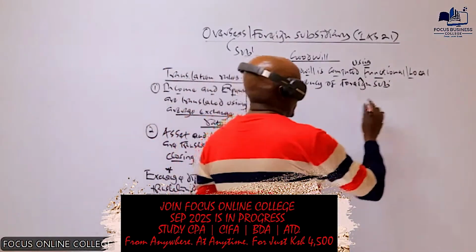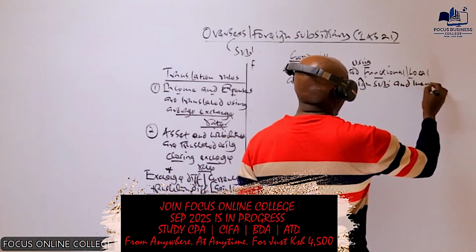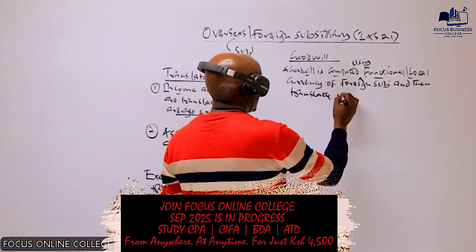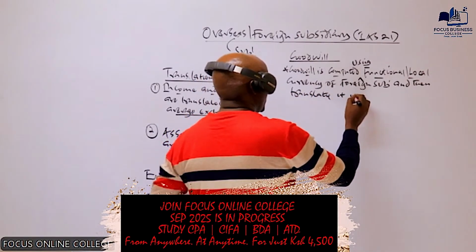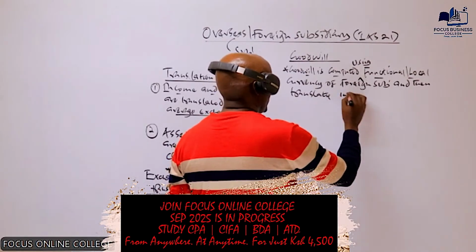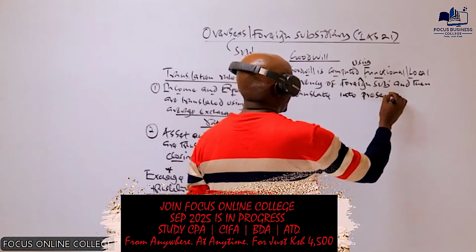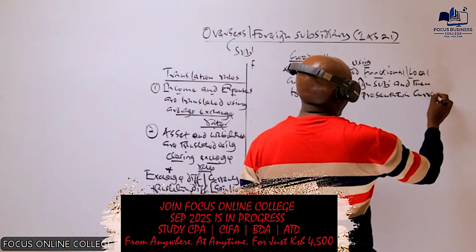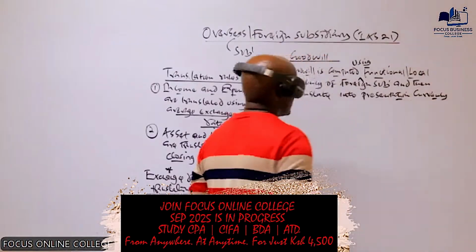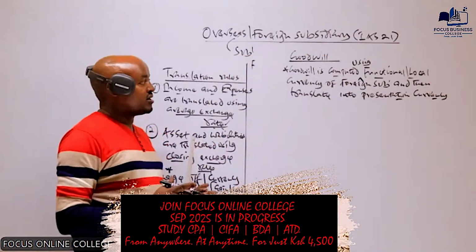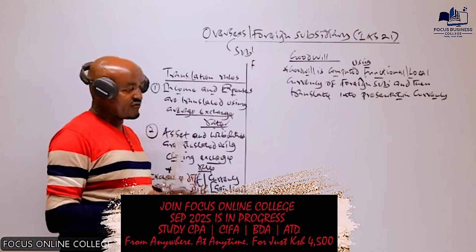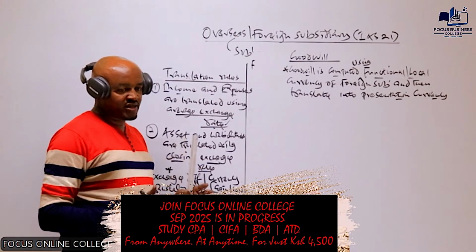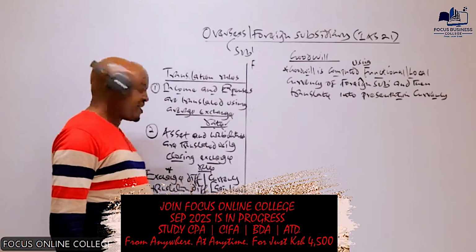Compute that using Rwandan franc, and then translate it into presentation currency. So compute that goodwill using the functional or the local currency of the foreign subsidiary, then translate that into presentation currency. In the process of doing that, we have an exchange difference.